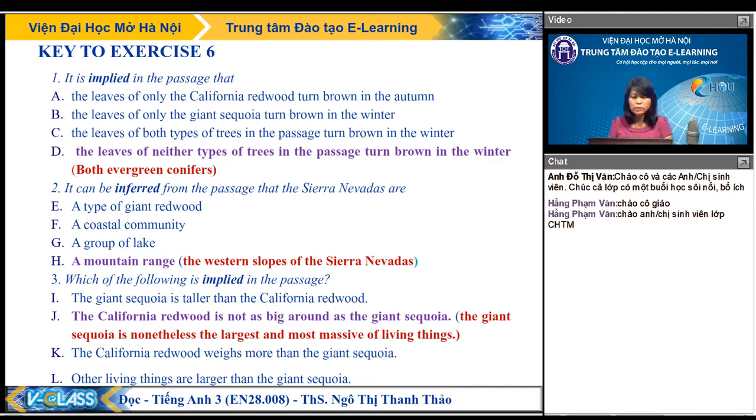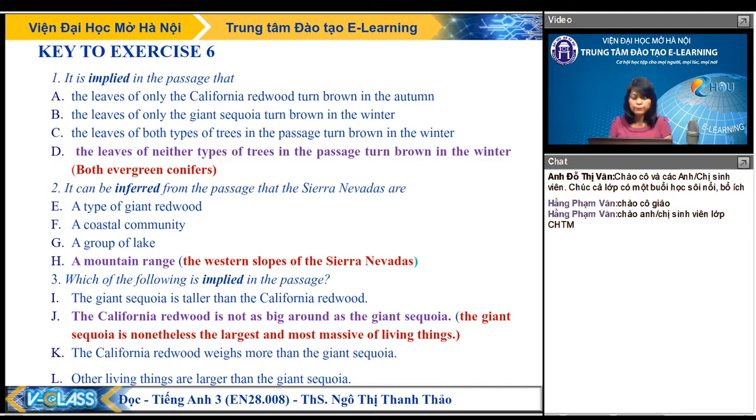The answer here is D. Number 2: It can be inferred from the passage that the Sierra are a mountain range. Why is it a mountain range? Because the evidence from the text is here: the western slope of the Sierra Nevadas. So actually it is a mountain range.